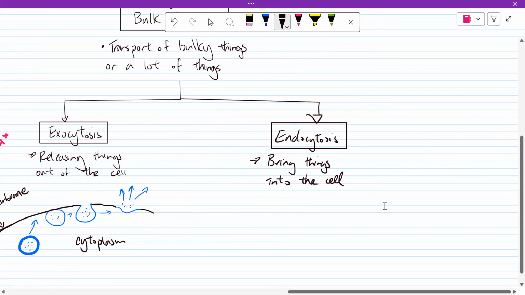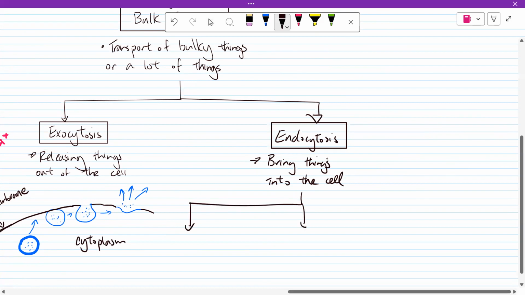And what are the three types? Phagocytosis, pinocytosis, receptor. That's right. Those are the kinds, right? So we have three different types.